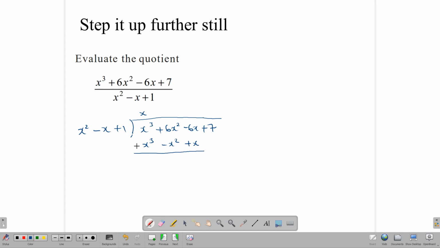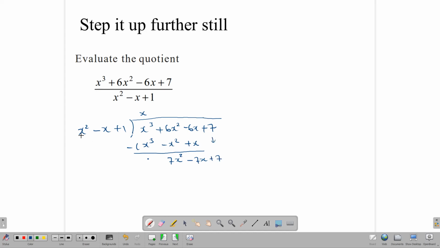And we write that there, we do our subtraction. x cubed take away x cubed, that's gone. 6x squared minus a negative x squared gives us a 7x squared. And negative 6x minus x gives us a minus 7x. Let's drop down our last term, which is 7.